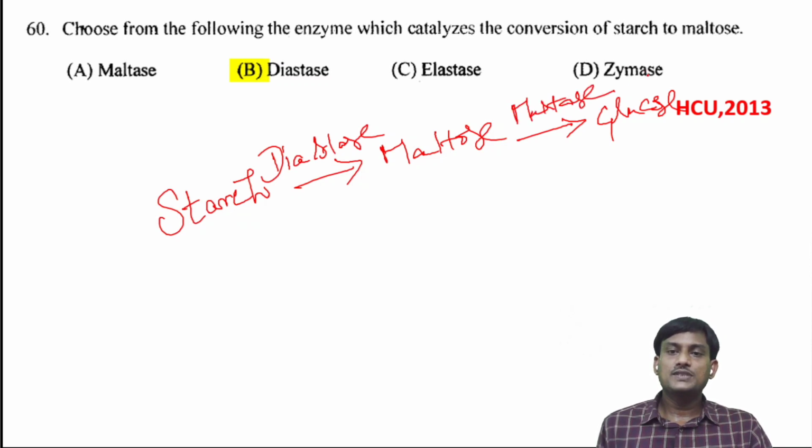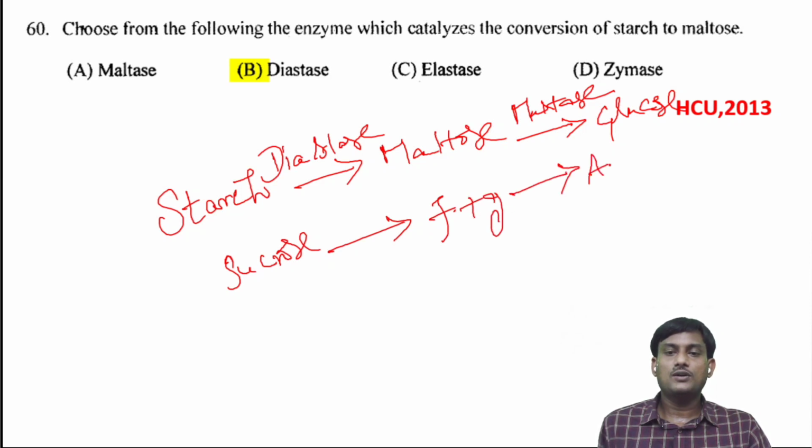And what is the use of zymase? Okay, we have cane sugar, that is sucrose, and this is converted into glucose and fructose, and glucose is converted into alcohol. For this we use invertase, and for fructose and glucose to alcohol we use zymase.